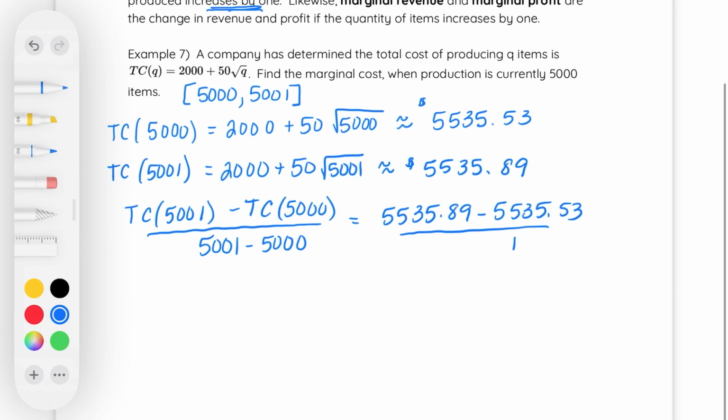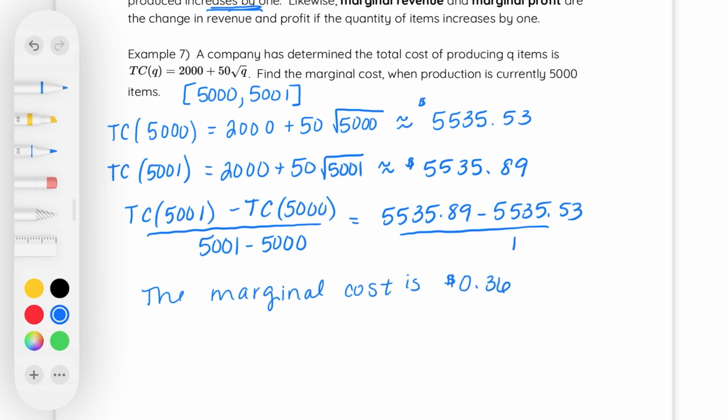It gives me that the marginal cost is 36 cents. So what does this mean?